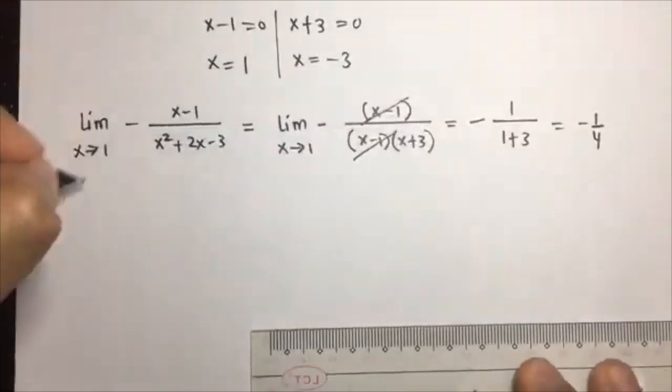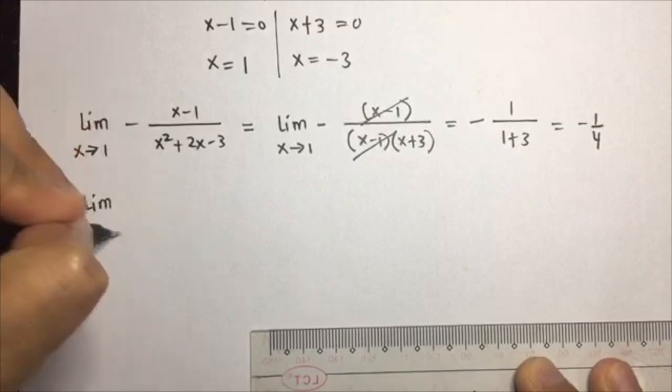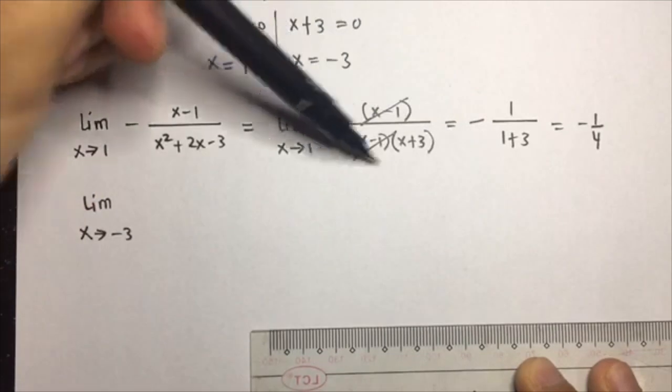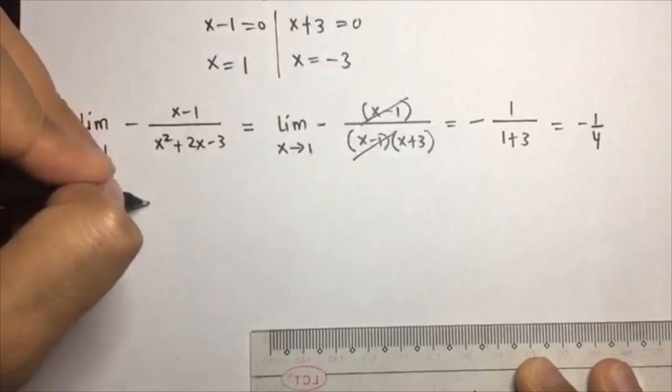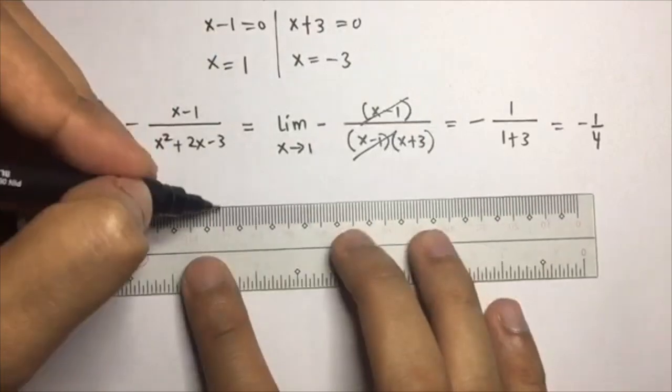Okay, on the other hand, the limit as x approaches negative 3, we know that we can simplify this into this. So let's just rewrite it all over.